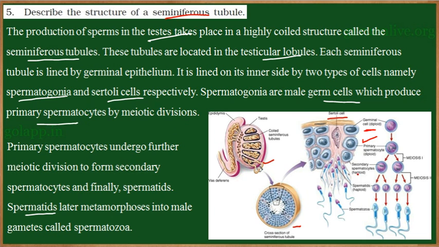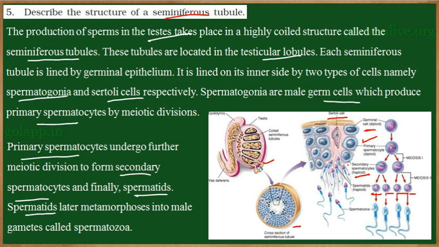The first haploid cell is called the secondary spermatocyte, and the secondary spermatocyte undergoes further division, completing the second meiotic division and giving rise to 4 functional spermatids which are spherical in shape. So the primary spermatocyte gives rise to secondary spermatocytes which finally give rise to spermatids.